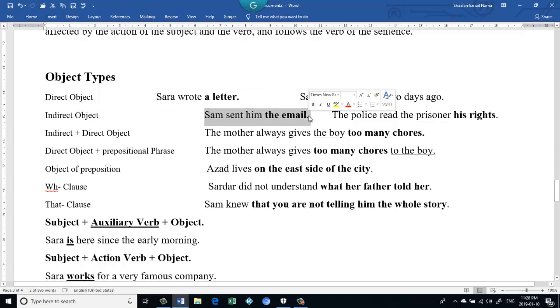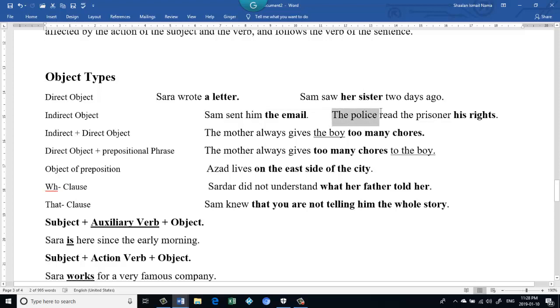If we look here, this is the subject, this is the verb, this is the first object, and then we have the second object, which we call indirect object, to Sam. Then him here will act as the first object.